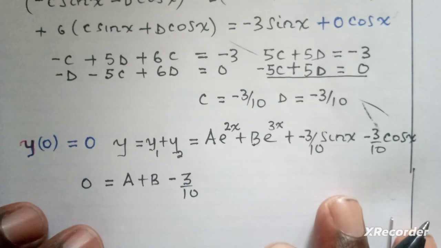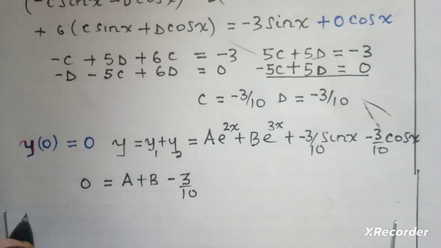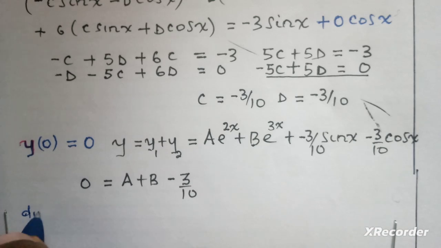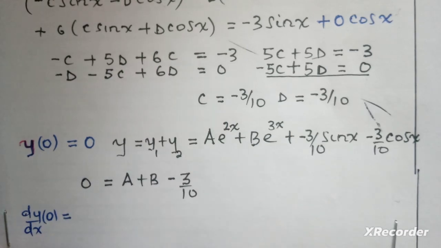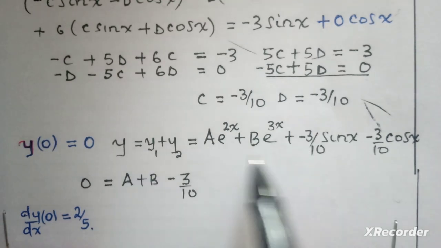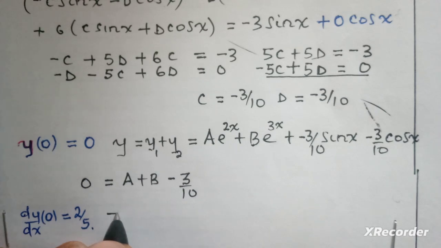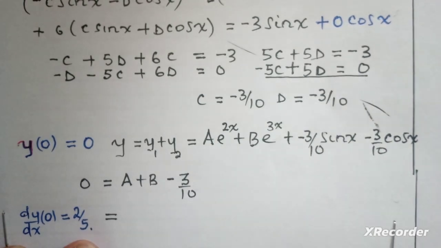So let's continue, guys. Now we come to y. This is dy/dx. We write it like this, dy/dx, like that. Condition 0. This one gives us 2 over 5. So now, guys, since we have our y here, we are going to find the derivative for that, or first order differentiation.